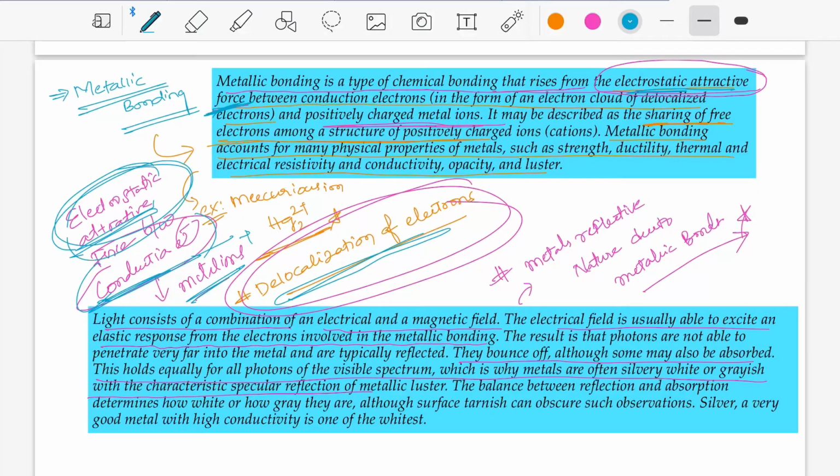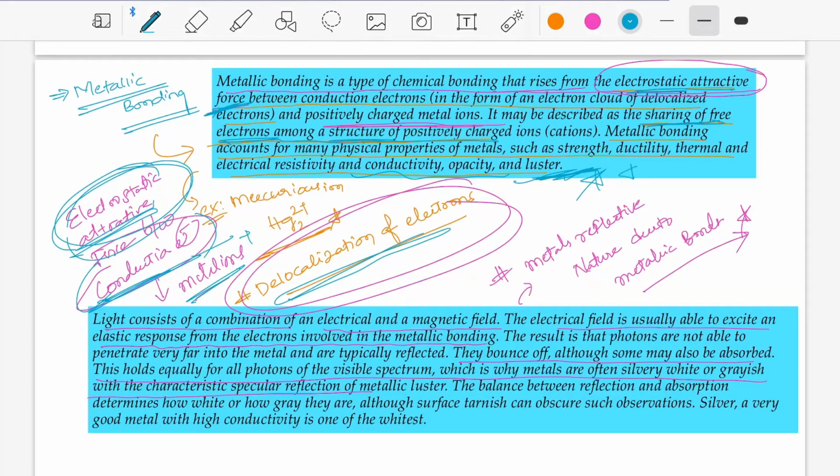It may be described as a sharing of free electrons among a structure of positively charged ions or cations. Metallic bonding accounts for many physical properties of metals such as strength, ductility, thermal and electrical resistivity and conductivity, opacity and luster. Usually all metallic characters are due to the metallic bond.